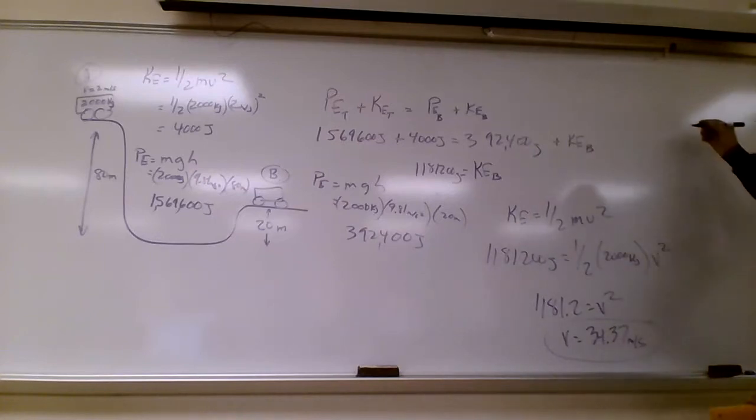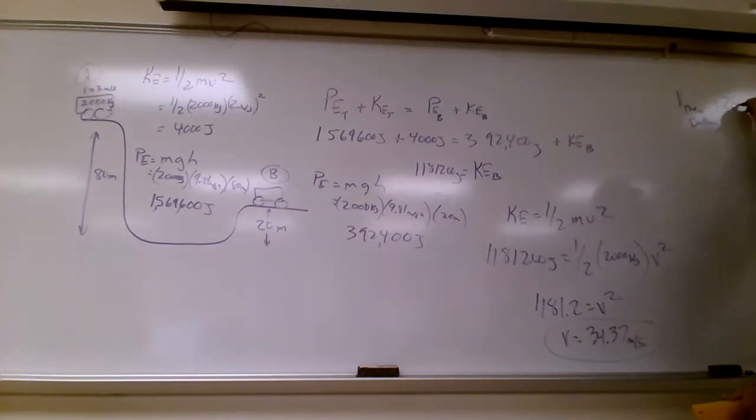So I'm going to say that the new speed, v new at the bottom, is 25 meters per second. We want to know what is the non-conservative work for this.